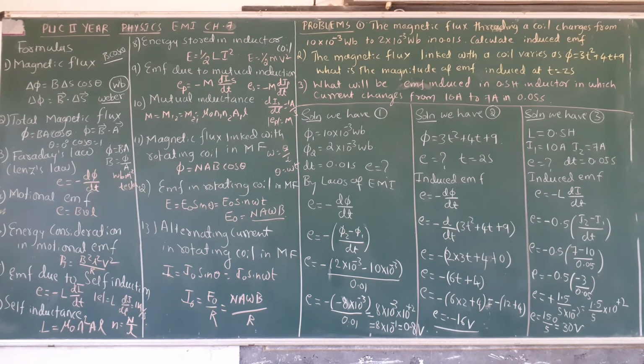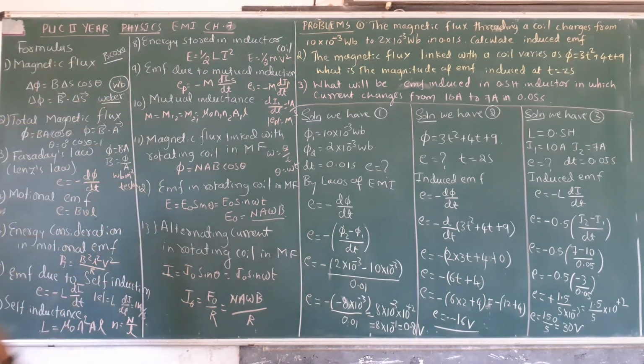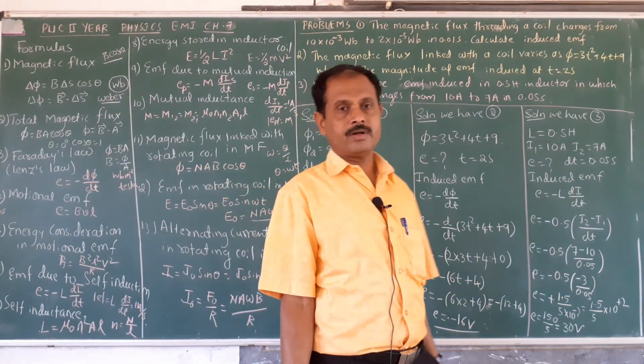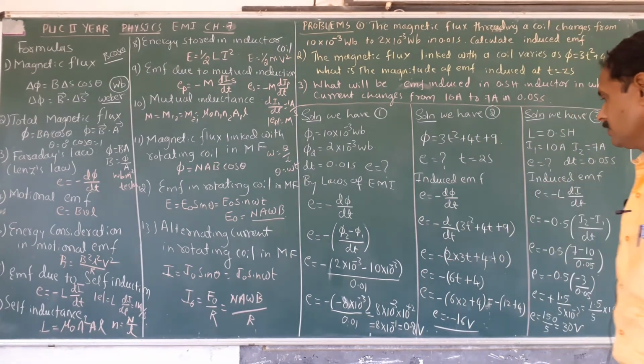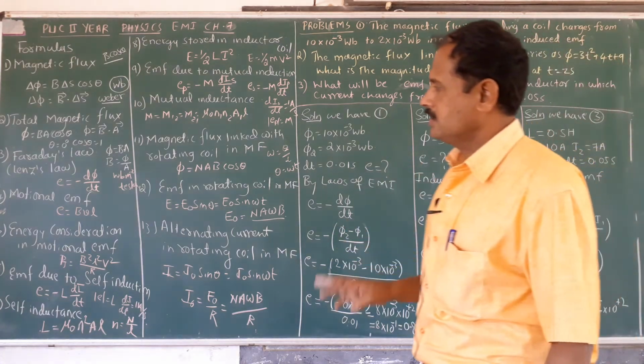These are the important formulas, and based on them I wanted to solve 3 problems here. Some other higher formulas are there for the CET questions, but for the simple problems you have to solve these 3 problems.